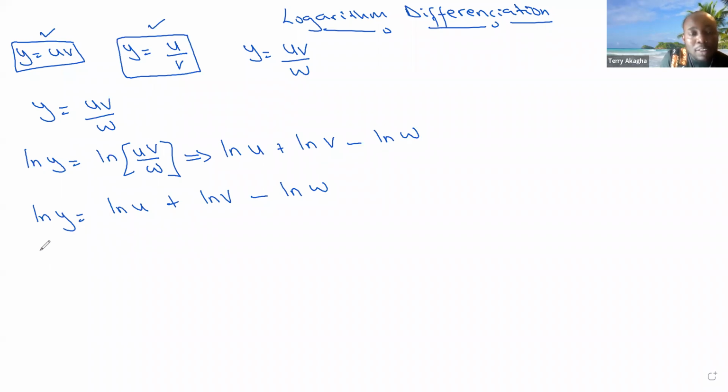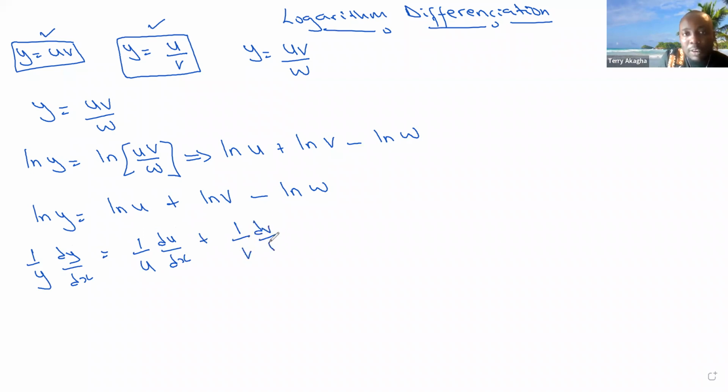You differentiate ln y, it's going to give you 1 over y, dy over dx. You differentiate ln u, it's going to give you 1 over u, du over dx, plus differentiate ln v, going to give you 1 over v, dv over dx, minus differentiate ln w, is going to give you 1 over w, dw over dx.